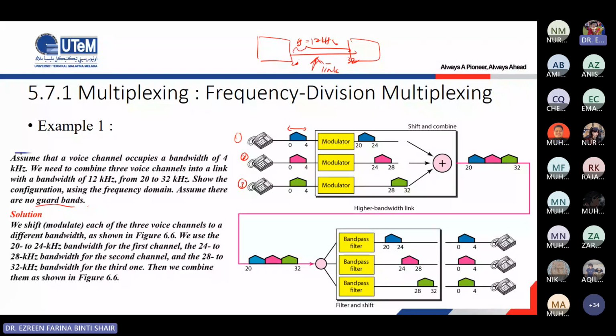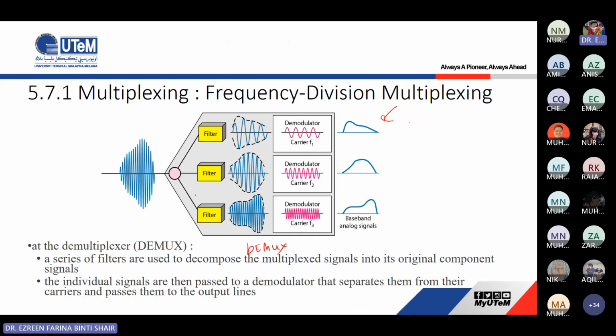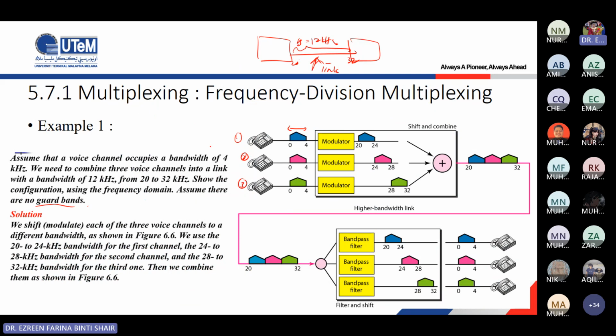The first thing you need to do is modulate the signal. At the output of the modulator, the frequency of the signal will be changed, because remember, you have different carrier frequencies. So we set a lower frequency, medium frequency, and high frequency.